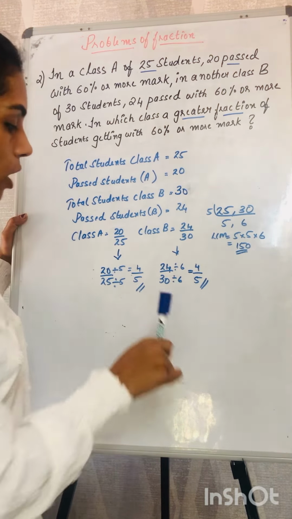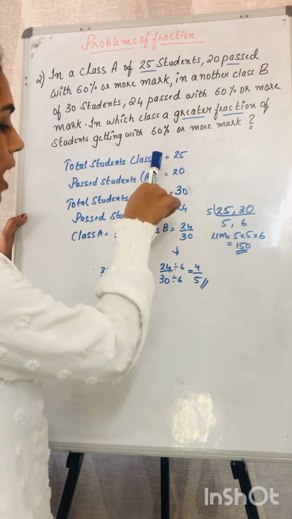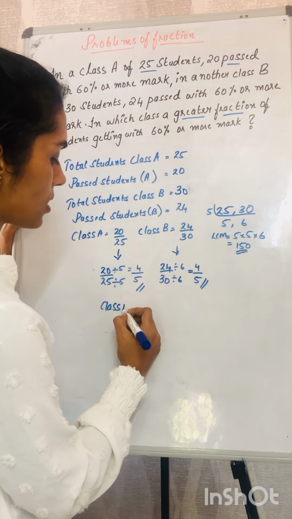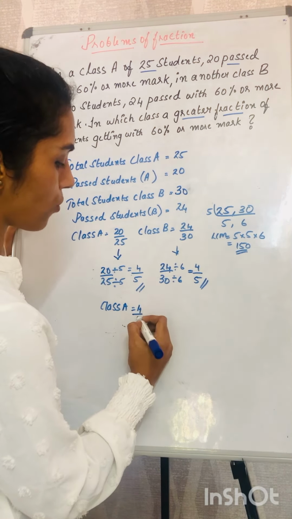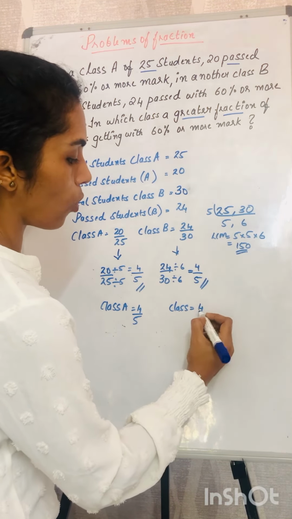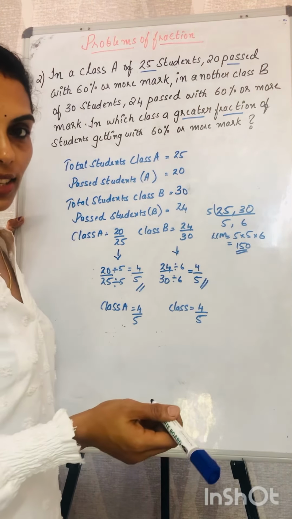So that's all. Now we got the fraction 4 by 5 and 4 by 5. So the class A represents what? Class A represents the fraction 4 by 5 and class B represents the fraction 4 by 5 for the passed ones.